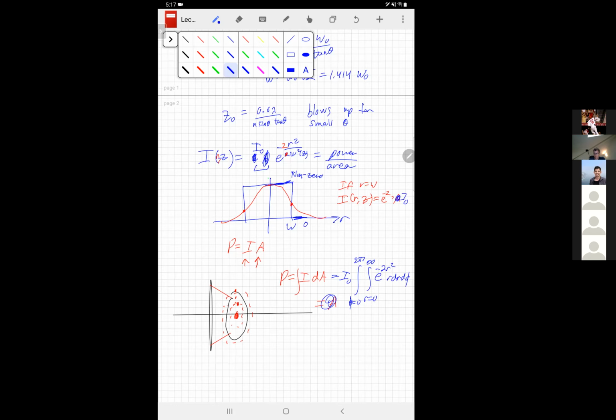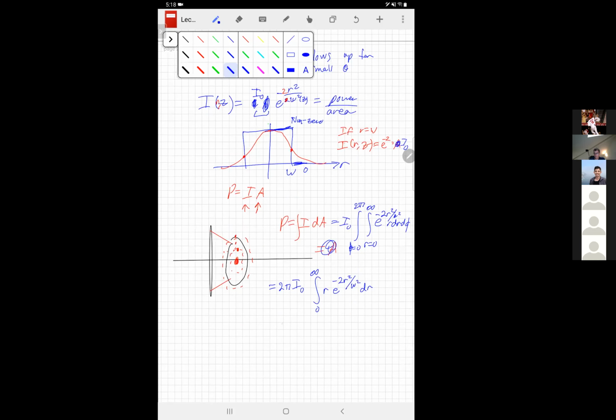And what I'm going to be left with is, well, let's see. That should be an r squared over w squared. I don't see a phi anywhere in that integrand, so the integral over phi is just 2 pi. 2 pi I naught times the integral from 0 to infinity of r e to the minus 2r squared over w squared dr. All right, I'm going to make a u substitution.